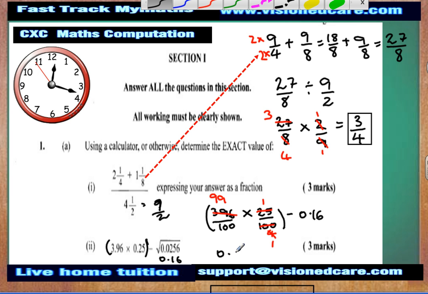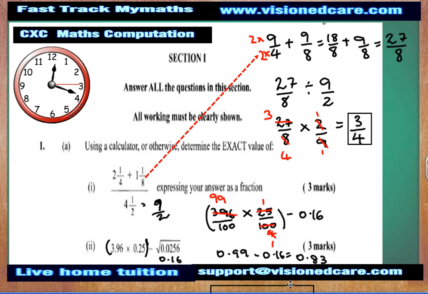So it's 0.99 minus 0.16, and that gives us 0.83. And that's the answer for that one.